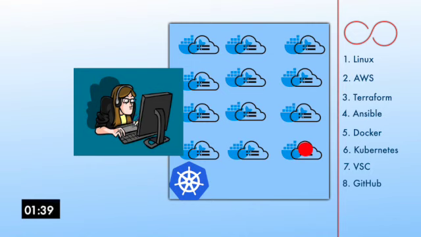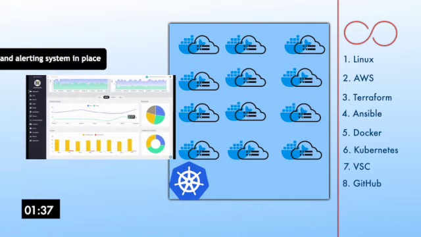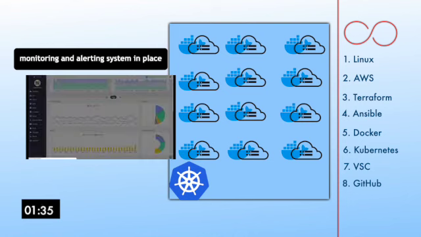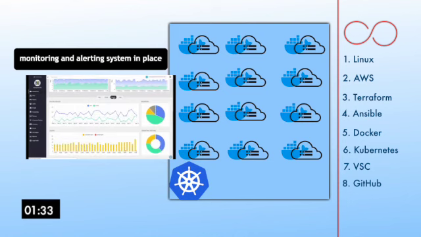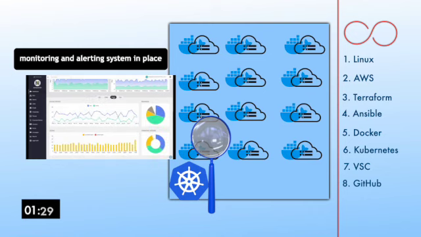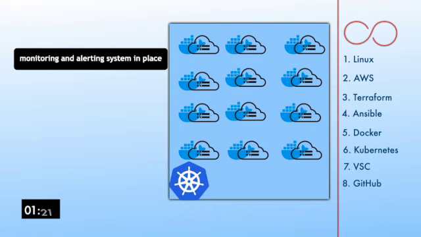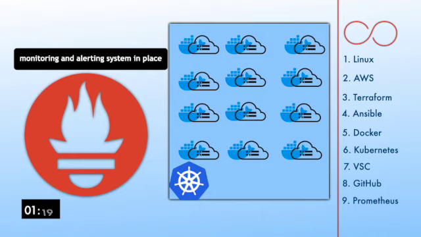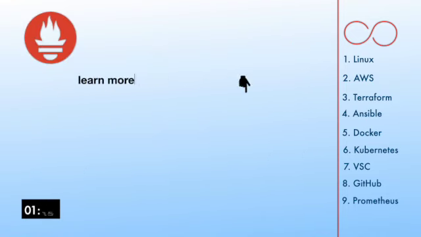So we need an automatic monitoring and alerting system in place that uses the data that we have in the logs and alerts us if something is out of normal at all levels of the system, like infrastructure, the runtime, and the application itself. For this, we have a popular monitoring tool called Prometheus. If you want to learn more about Prometheus, check the link in the description below.